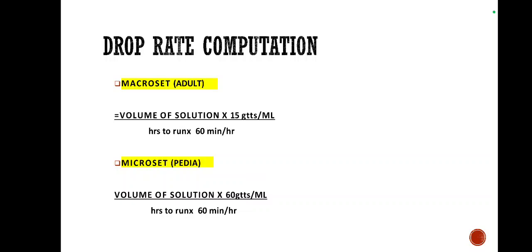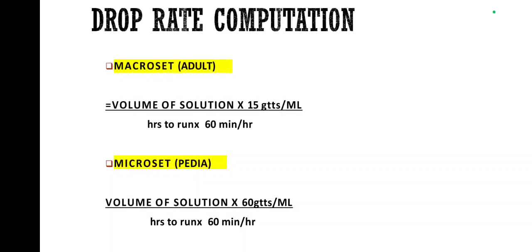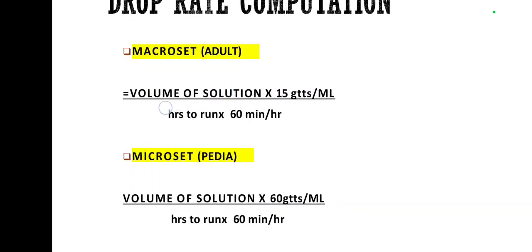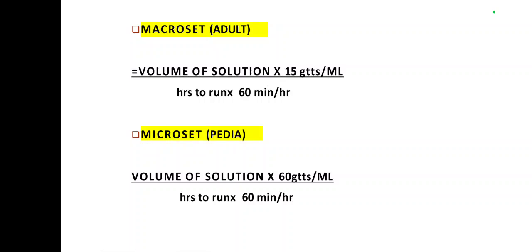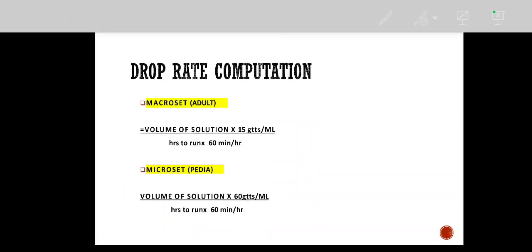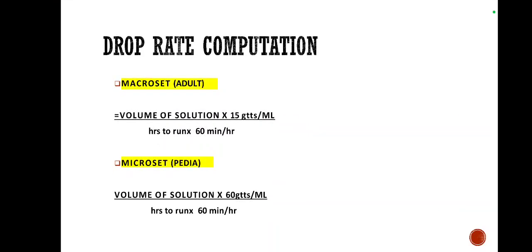For the drop rate computation, how will we identify the drop rate? Earlier was the hours to run, here is the drop rate. For macro set, you use the volume times 15, and in the formula, where the drop rate was placed before, we now put the hours to run. Again, use 15 for macro and 60 for micro.